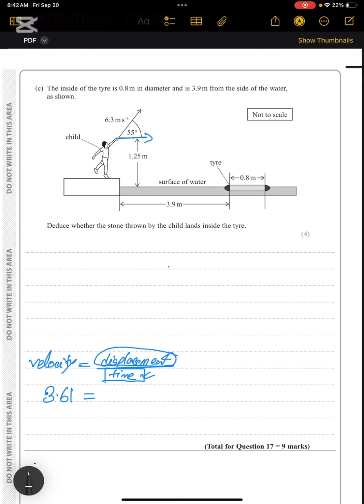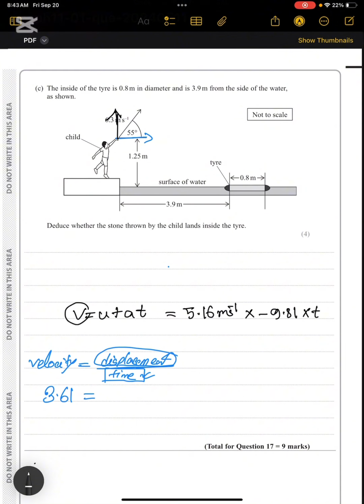In order to find the time of the whole motion, we will use the formula v = u + at. The initial velocity of the vertical component was 5.16 m/s, and the acceleration is minus 9.81, into time.